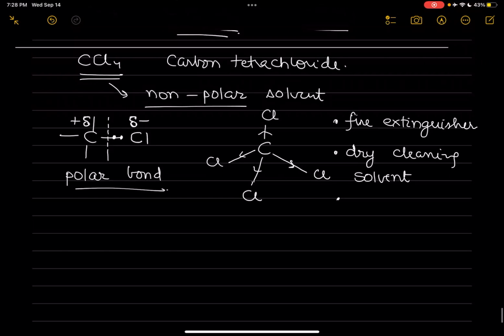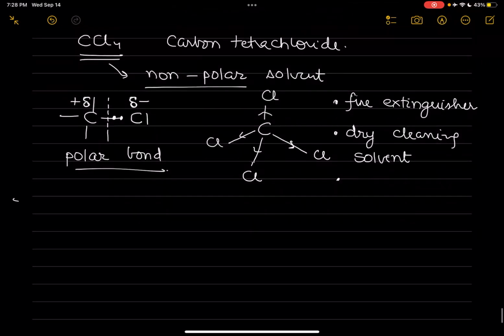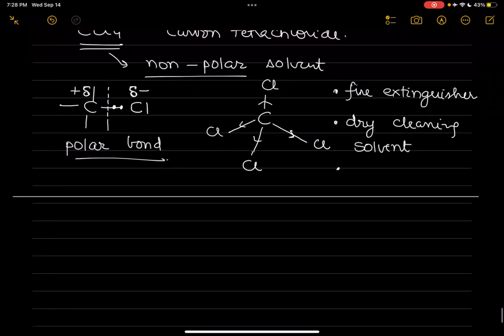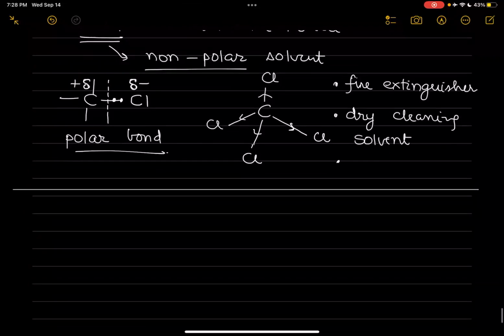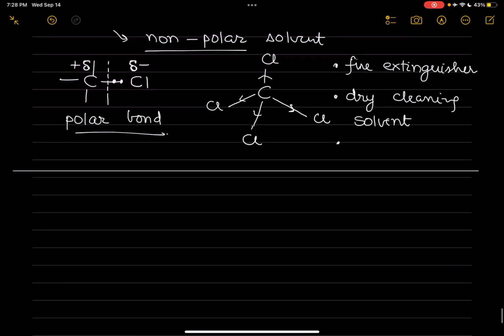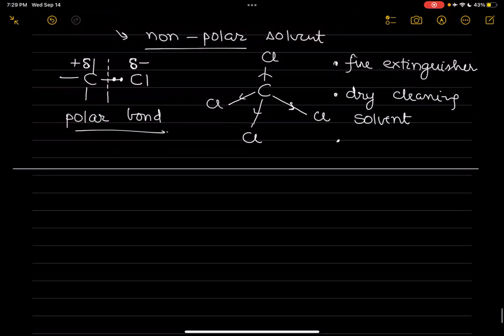Okay. So let me talk about another very important commercial compound which is used as an insecticide. Can you name an insecticide which is made up of chlorine? Any idea?